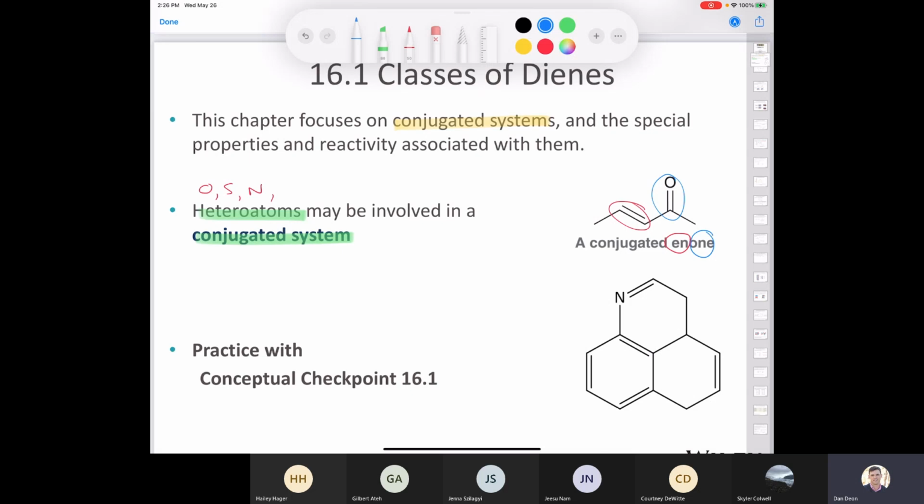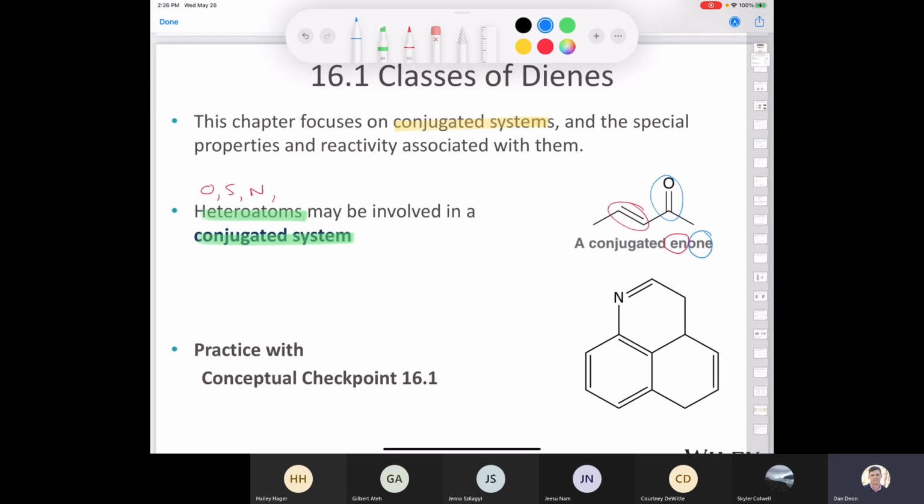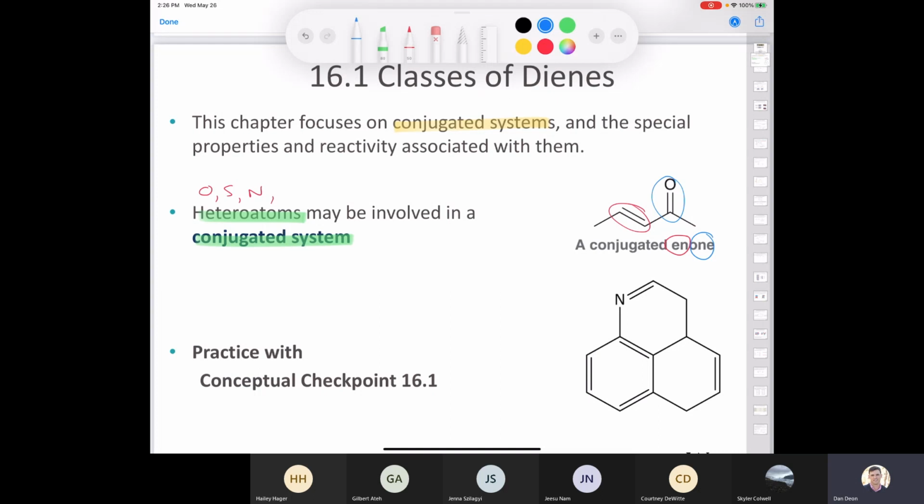Not a joke. Here's another example of a conjugated system, or not completely conjugated, but you see how we have double, single, double, single, double, single, double. So everything that I have highlighted in blue is all part of a conjugated system. I could circle all of this and say all of this system is conjugated.